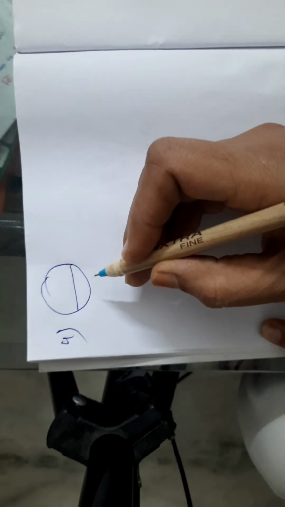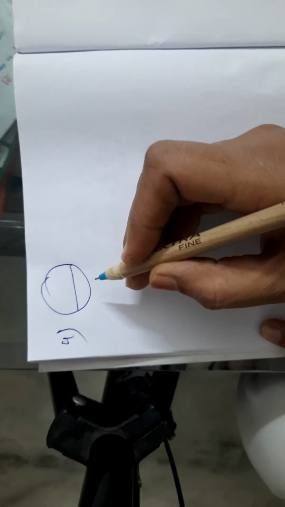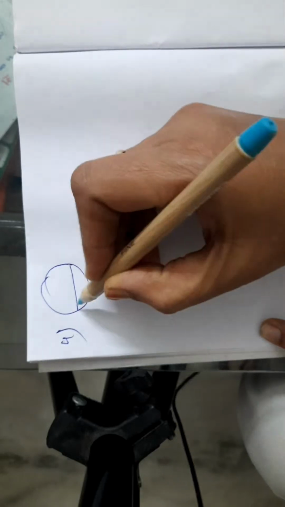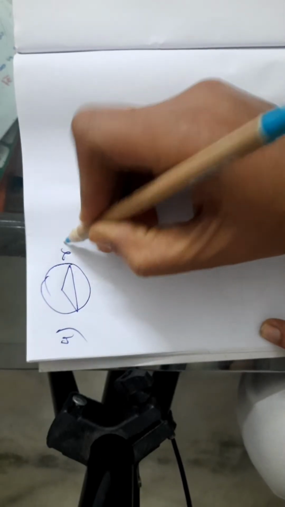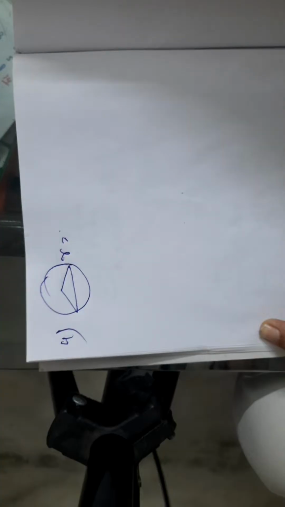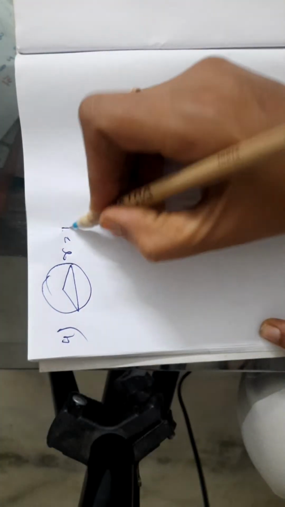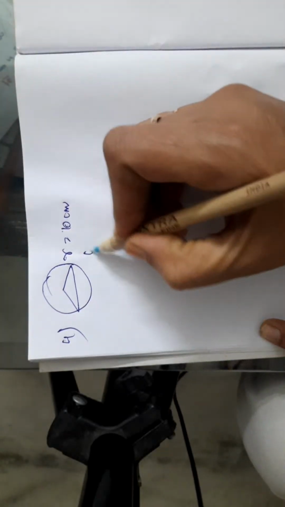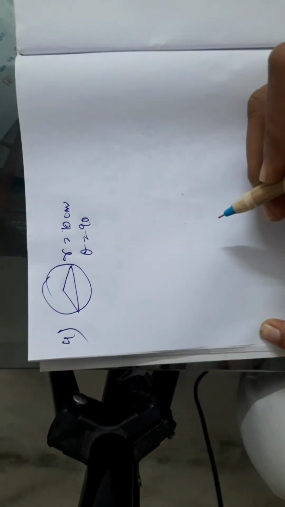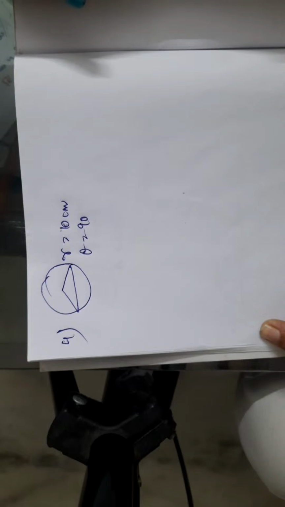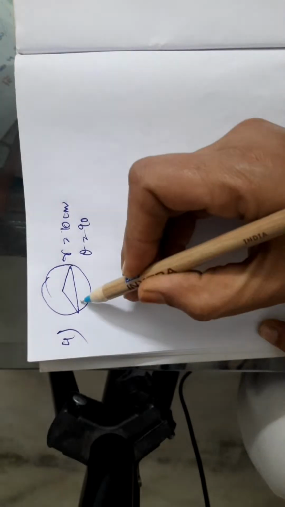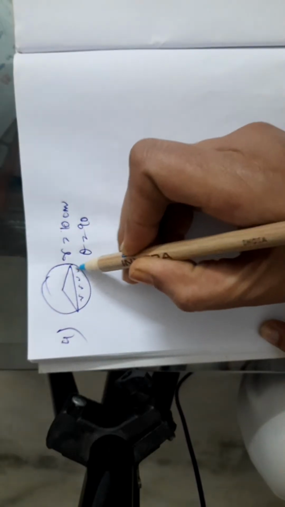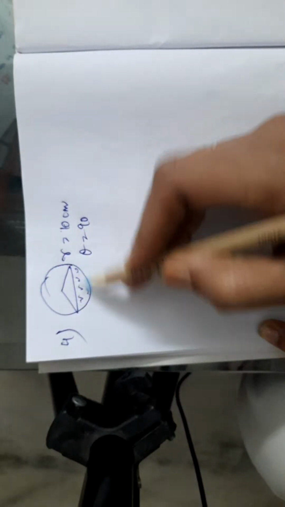Here radius is given, 10 centimeter. Theta is given 90. As it is a right angle, we need to find the area of the corresponding minor and major segment. Here this part will be the minor segment and the upper one will be the major segment.